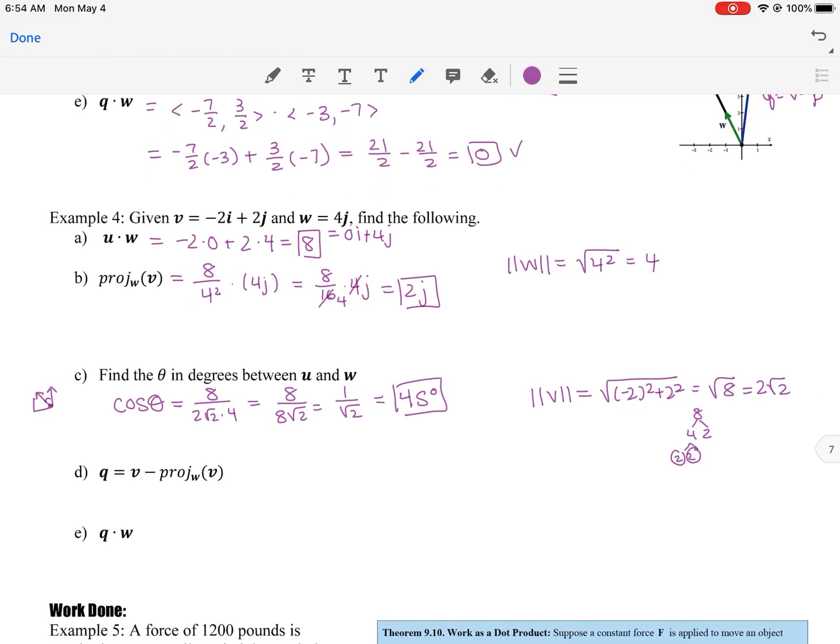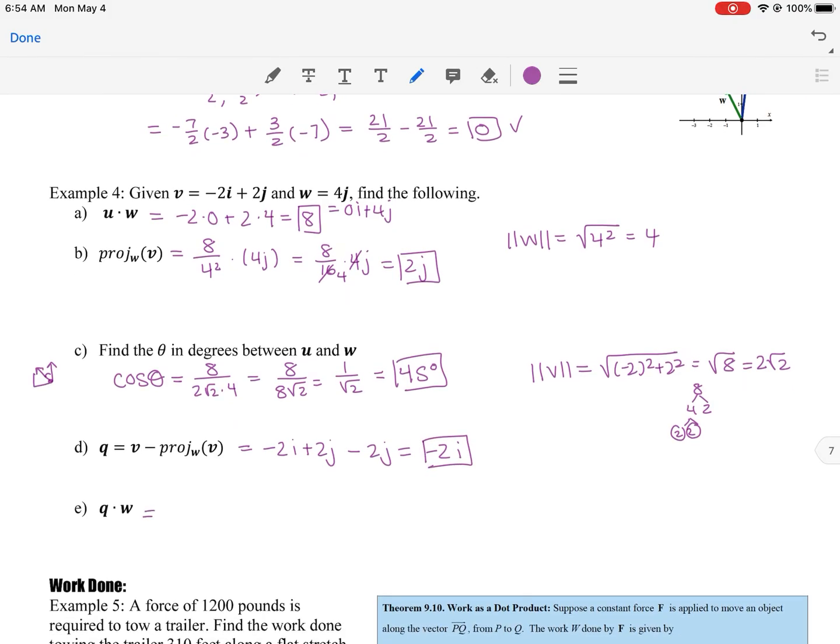Okay, so now as we take vector V, which is -2i plus 2j, and we subtract our projection, which is 2j, we are left with just -2i. So then doing the dot product, in this case I maybe would think for just a minute, like this is -2i plus 0j, just to make sure we don't forget about that, times W, which is 0i plus 4j.